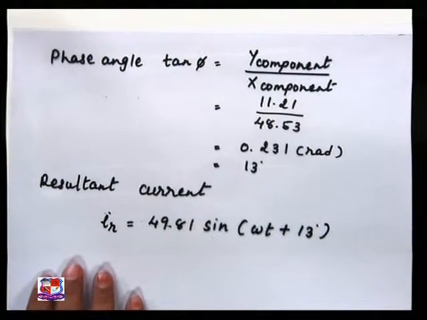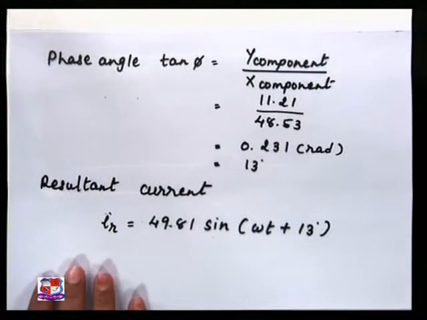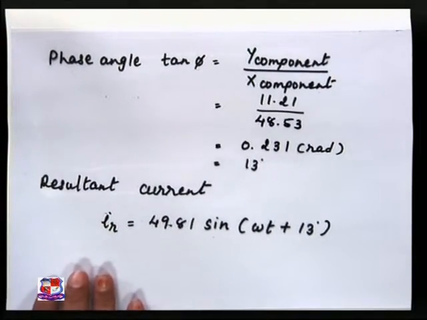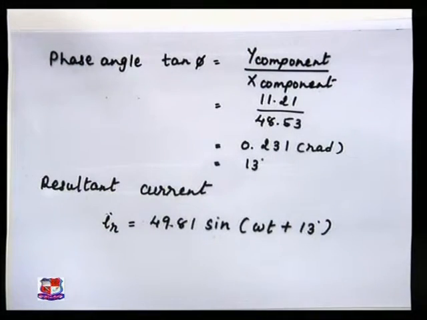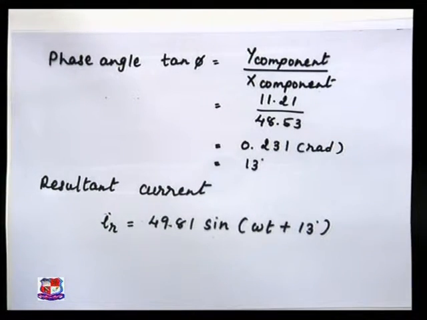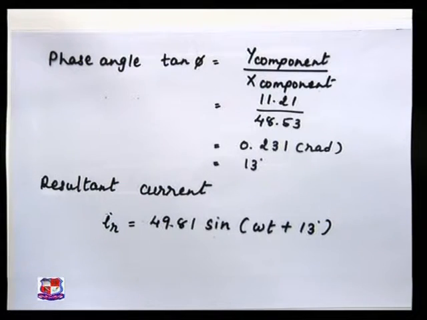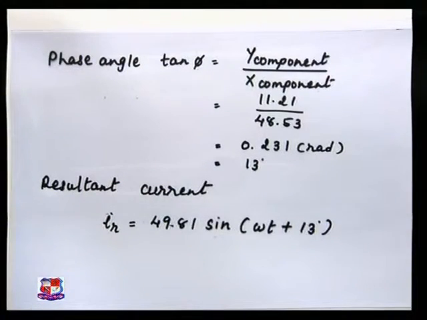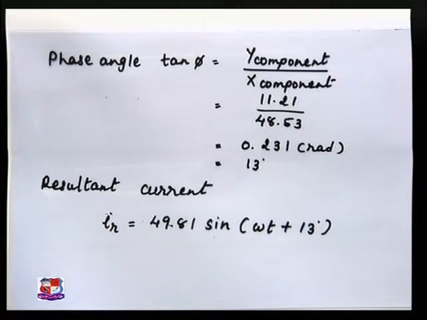Now you have to find the phase angle for the resultant. The equation for the phase angle is also known to you. The phase angle is denoted by phi, so tan phi is equal to the y component divided by the x component. It is equal to 11.21 divided by 48.53. So your answer is 0.231 radian.